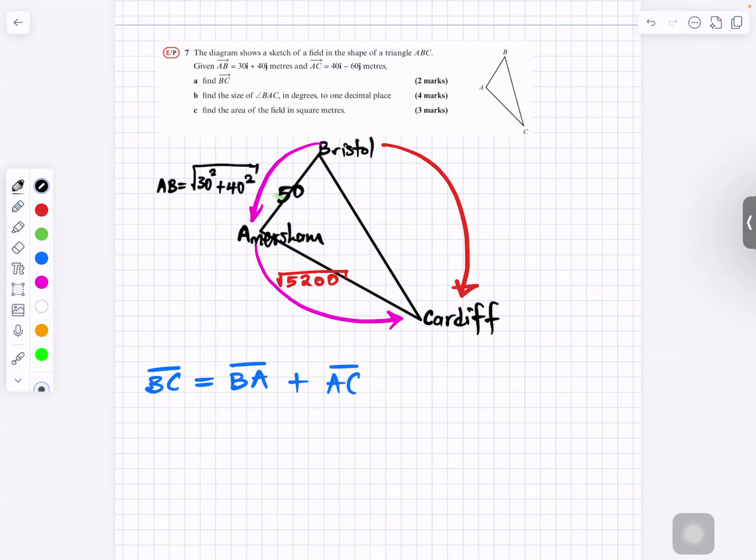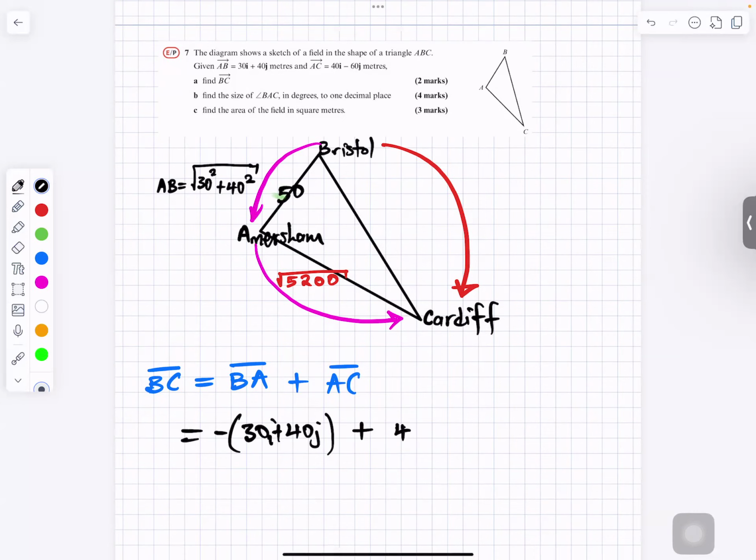So what you would do now is, whatever you had for this one, it would be minus bracket 30I plus 40J, because BA is minus AB plus AC.